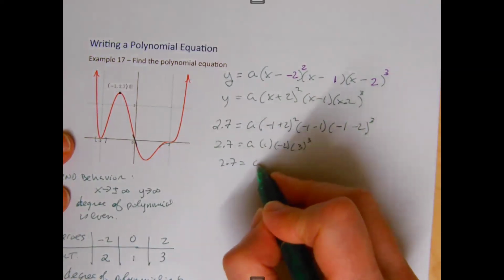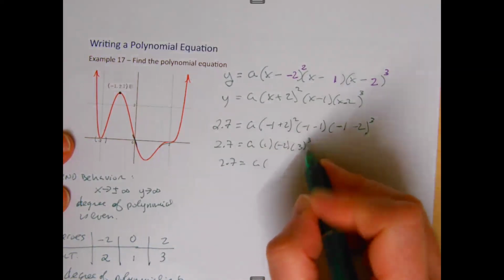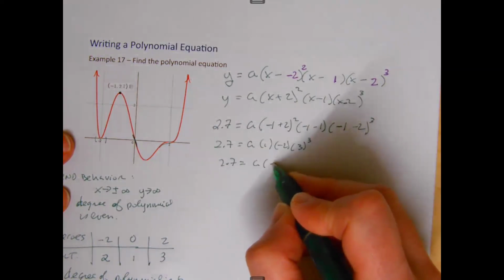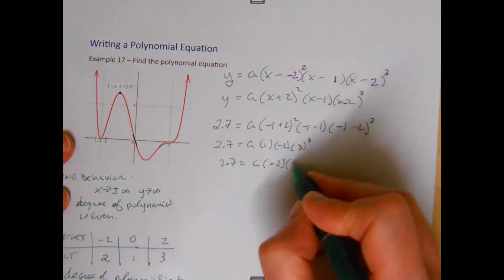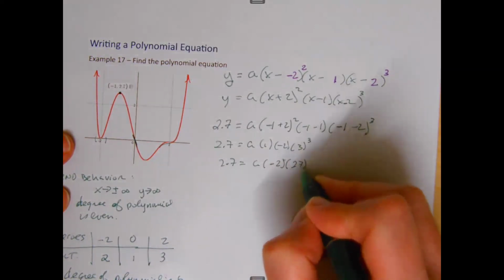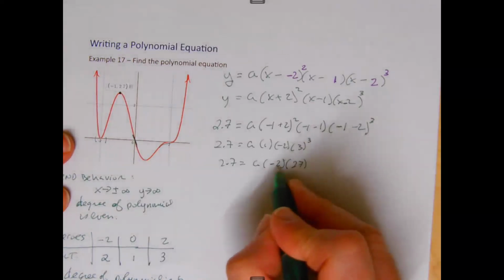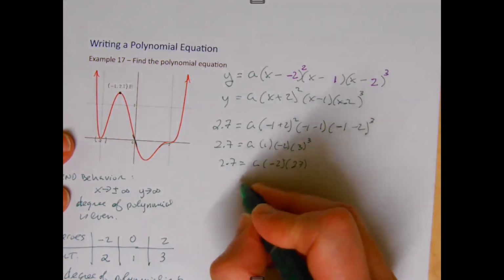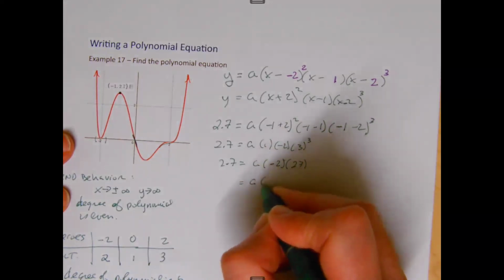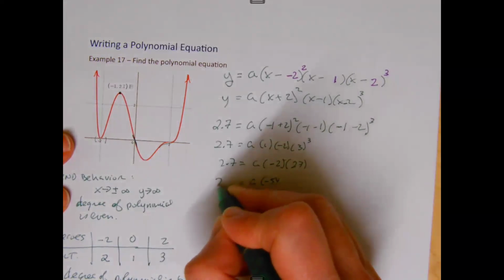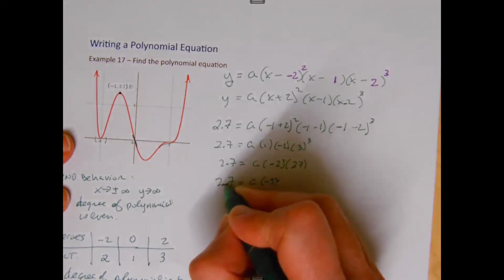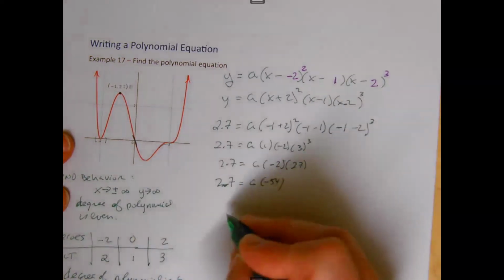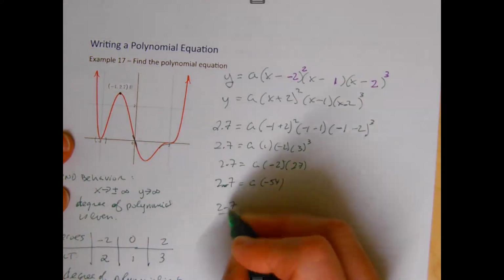So now what I have is 3 to the third power is 27. Two times negative 27 is negative 54. Okay. And finally, I'm going to divide both sides by negative 54.